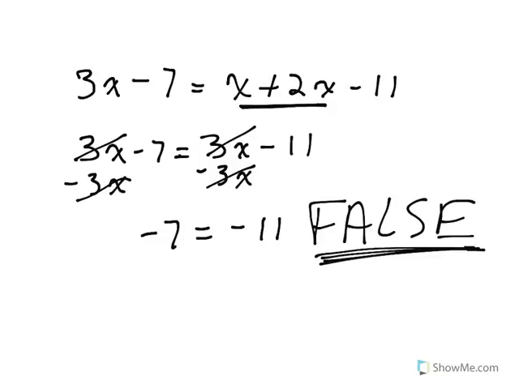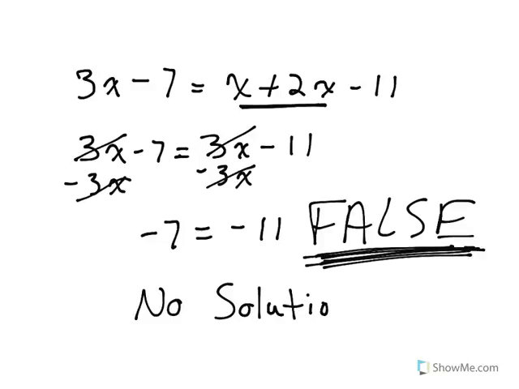When you cancel out all your variables and you're left with a false statement, that means no solution. There is no number that x can equal to make our original equation a true statement. Therefore, no solution.